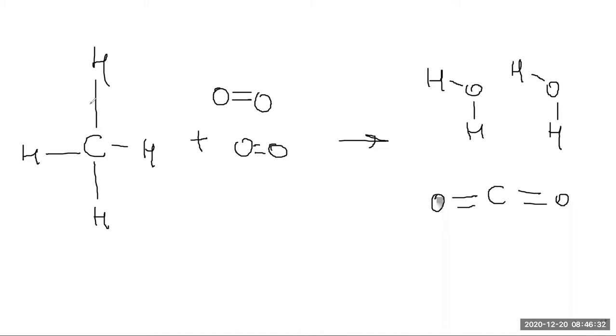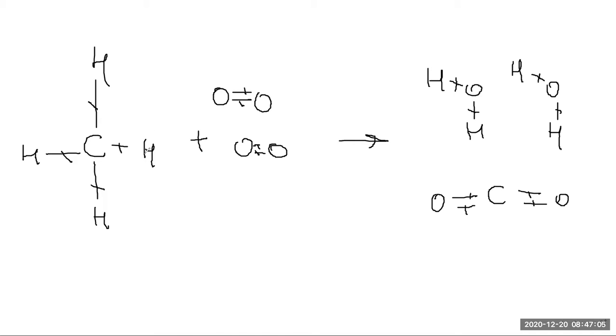If we count the number of bonds: 1, 2, 3, 4, 5, 6, 7, 8 here, and 1, 2, 3, 4, 5, 6, 7, 8 here. So there is no change, right? No extra bonds are formed, no existing bonds disappear. There is just a regrouping of bonds.